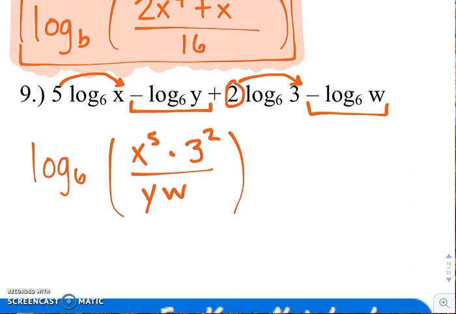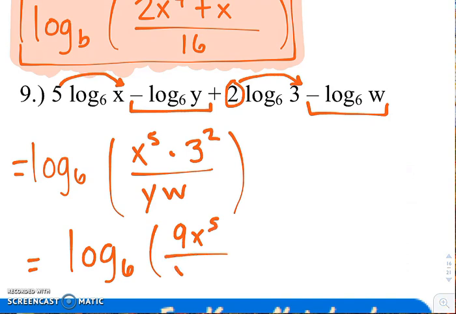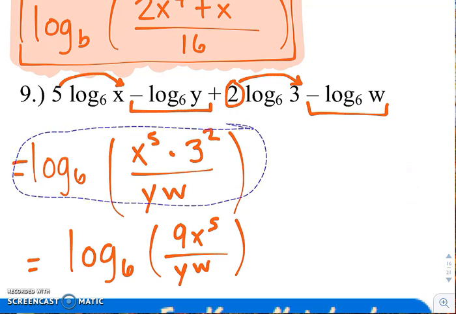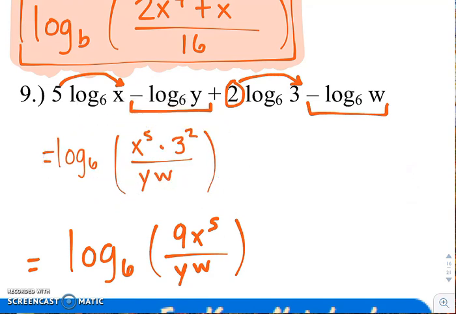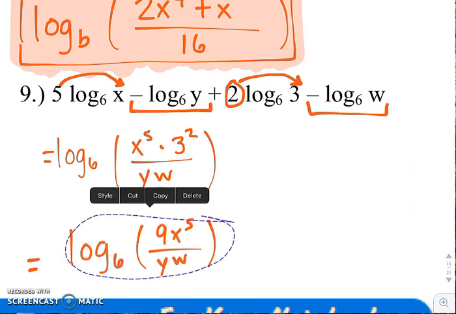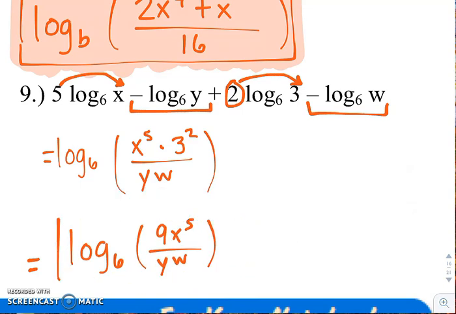Just to simplify it, this becomes log base 6 of, 3 squared is 9, so 9x to the 5th over y times w. And that's it. You can almost do it in one step as long as you know your properties pretty well. And that's all there is to it.